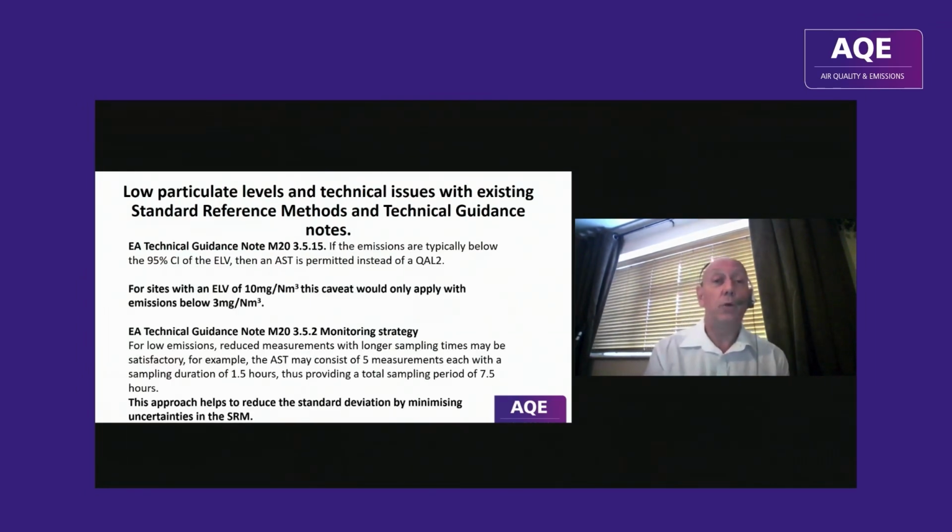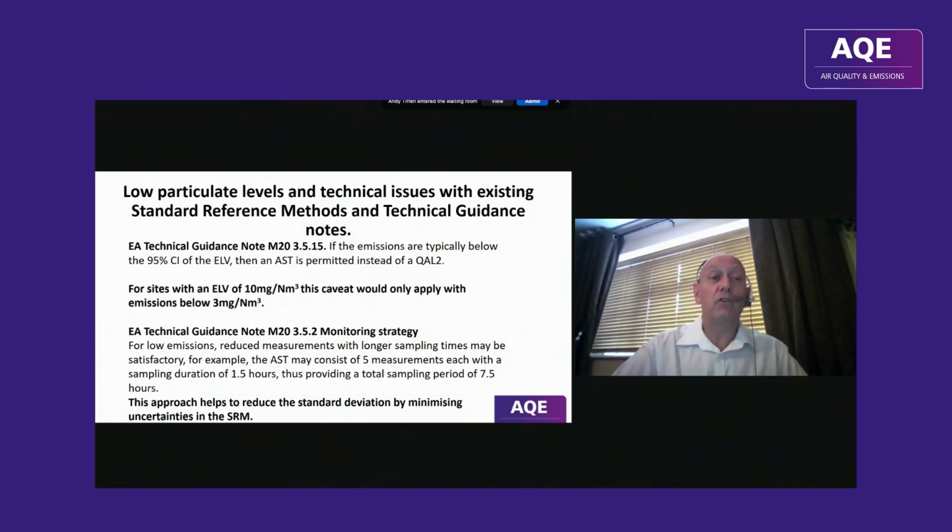So again, to take a few more extracts from the Environment Agency Technical Guidance Note M20, and also from the 14181 and 13284 Part 2 standards. In this instance, EA Technical Guidance Note M20 3.5.15: if the emissions are typically below the 95% confidence interval of the emission limit value, then an AST is permitted instead of a QAL2.